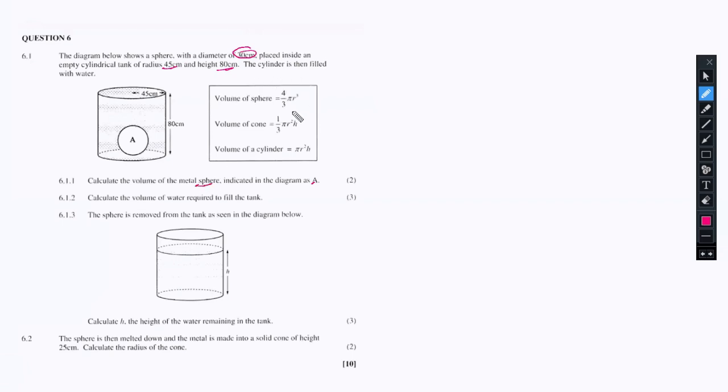So we are given the formulas here and then we are told this is the volume of the sphere. So that means, straightforward, we just say V is equal to 4 over 3 pi r cubed, right? Not square, cube. And then this is 4 over 3 and then pi. Remember, we are given the diameter.